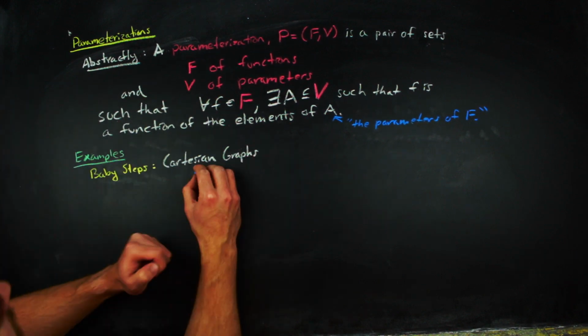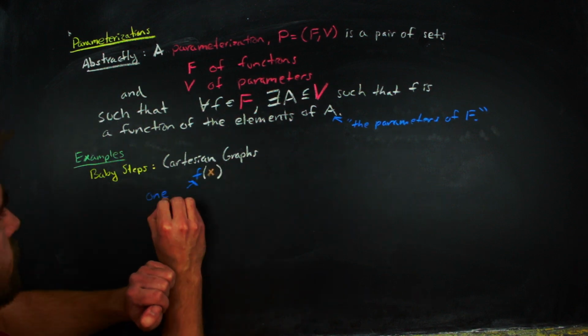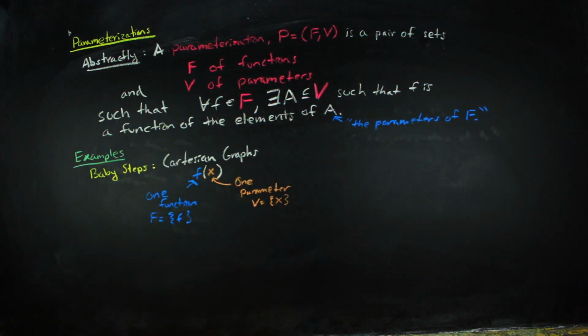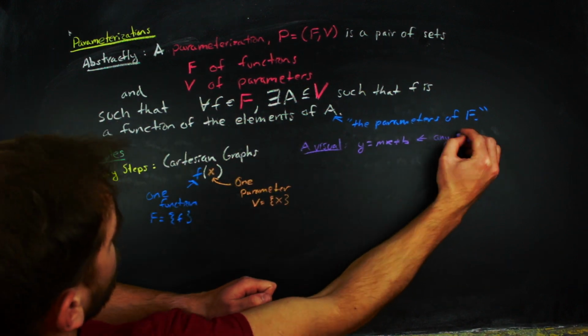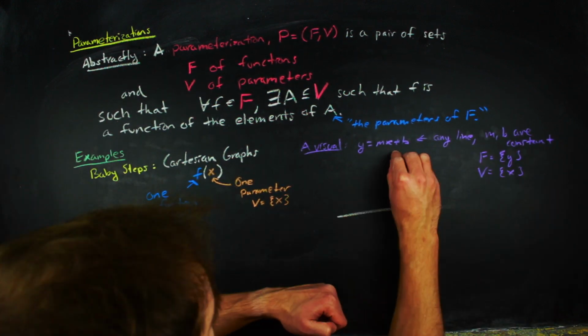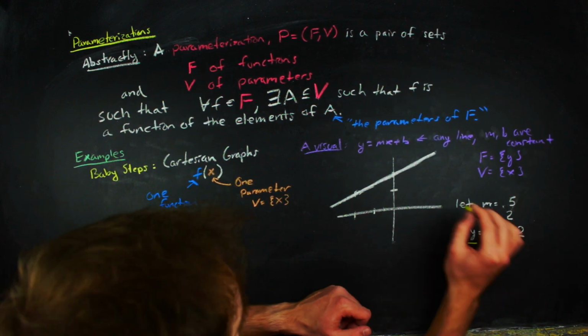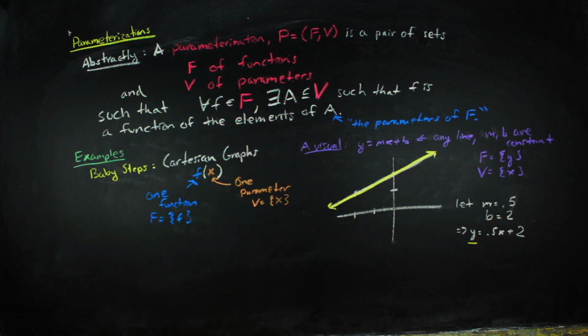That is, there is one element in the set of functions and one element in the set of parameters. So, for instance, a line, y equals mx plus b, where m and b are constants, as a parameterization has a function y and a parameter x. This example, along with other polynomials, forms the most familiar and straightforward cases.